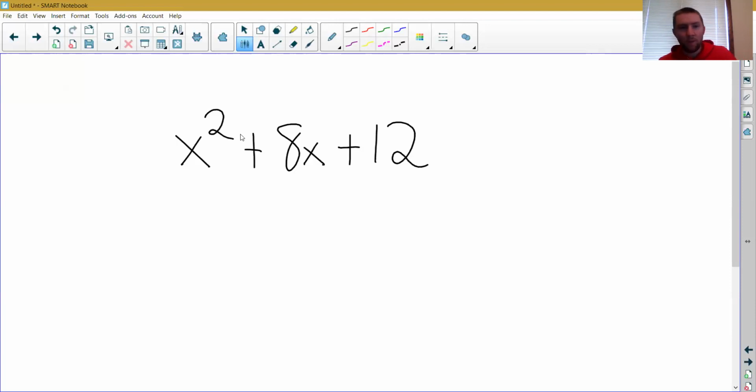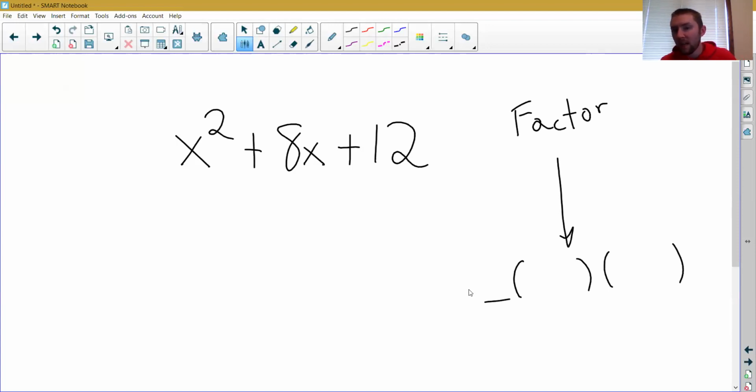Okay, so when we factor, our final answer should always end up looking something like this, like two sets of parentheses being multiplied by each other, possibly with a number in front, right? We looked at that right at the end of the chapter. Maybe there's something there, but factored out with parentheses is what we're looking for here.